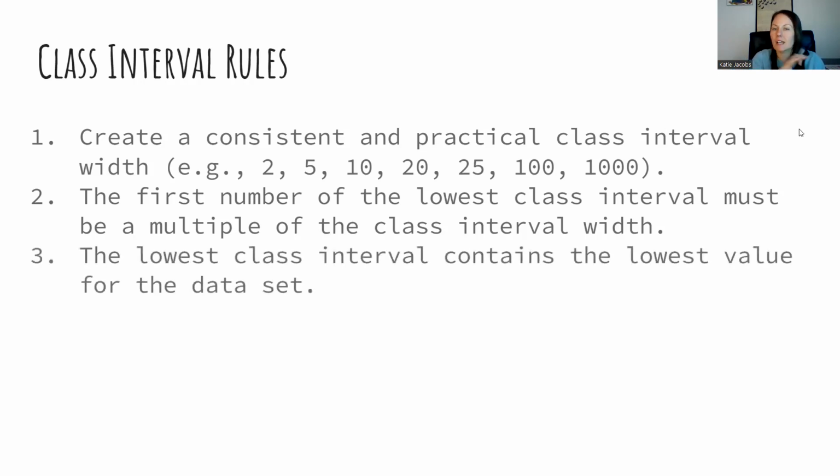All right, so then the lowest class interval has to contain the lowest value in the data set. So let's say with that same example, our lowest value was not 20. Say our lowest value actually was 21. Well, 21 is likely not going to be the first number of the class interval because that's not likely to be a multiple of our class interval width. So say 21 was our lowest value, but we still had everything else the same.